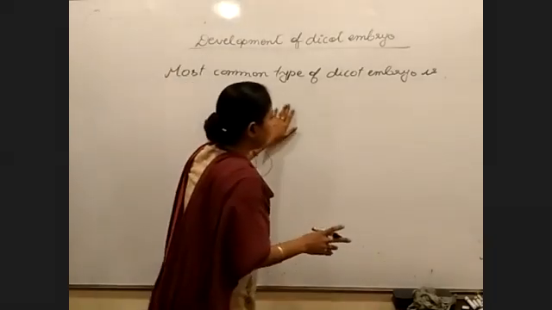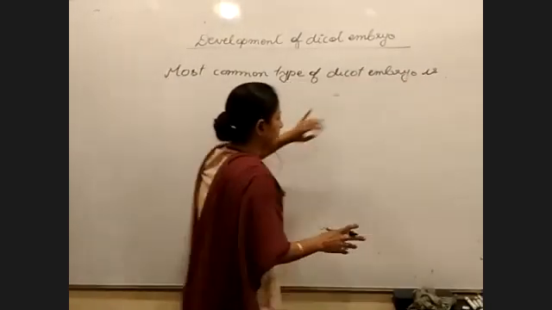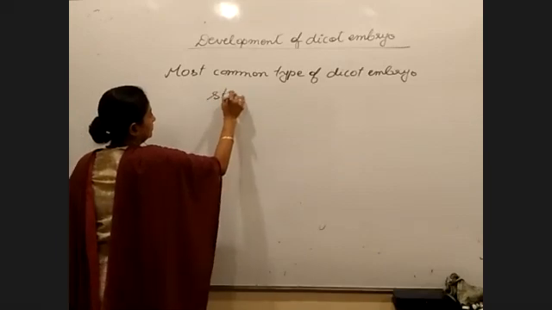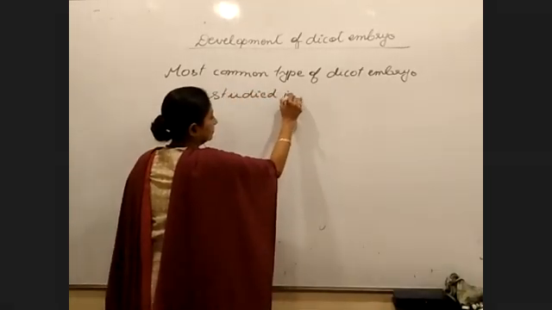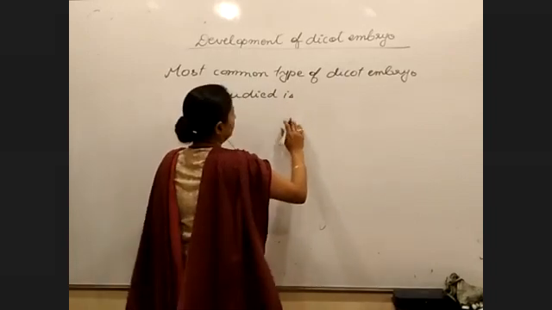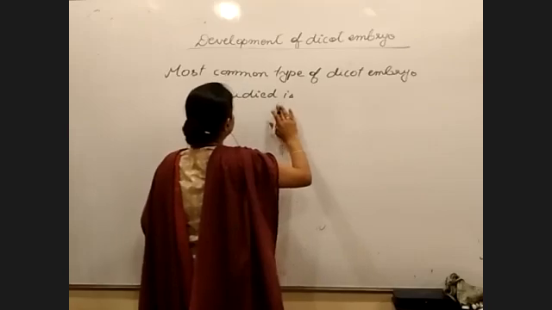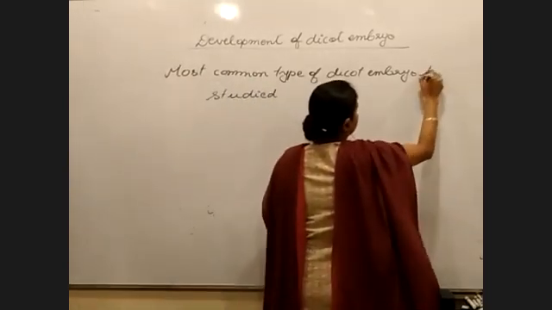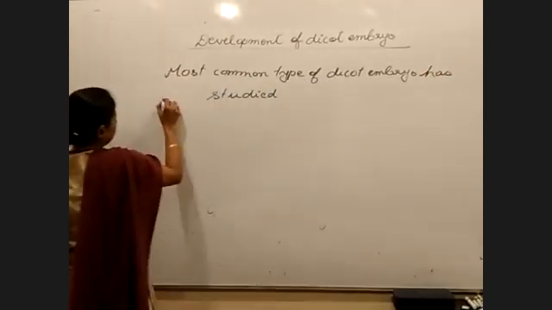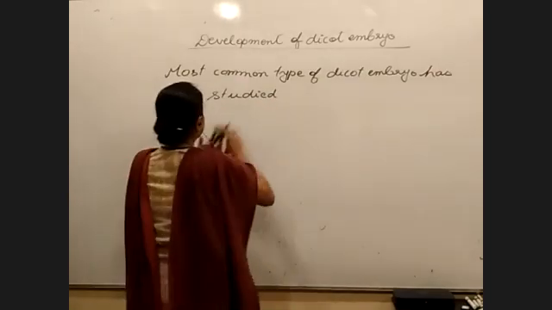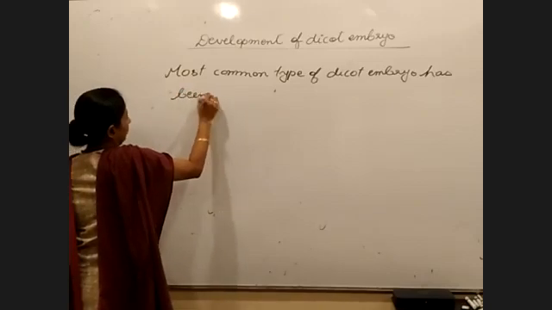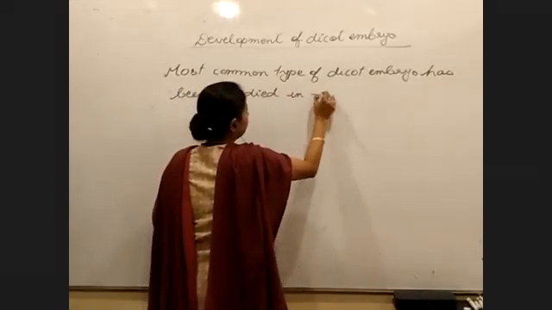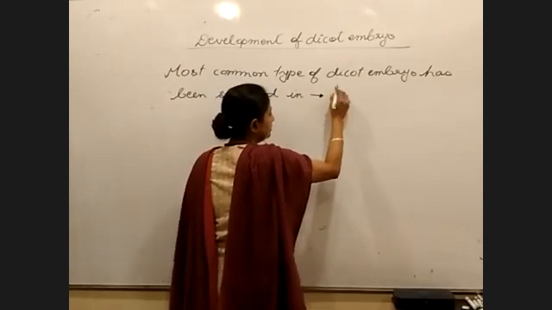So the most common type of dicot embryo studied has been studied in a plant called shepherd's purse.